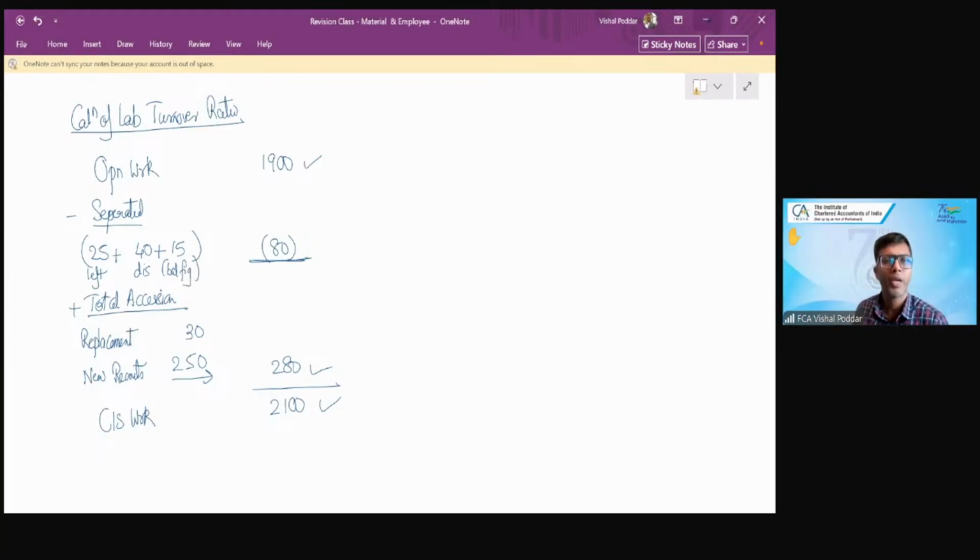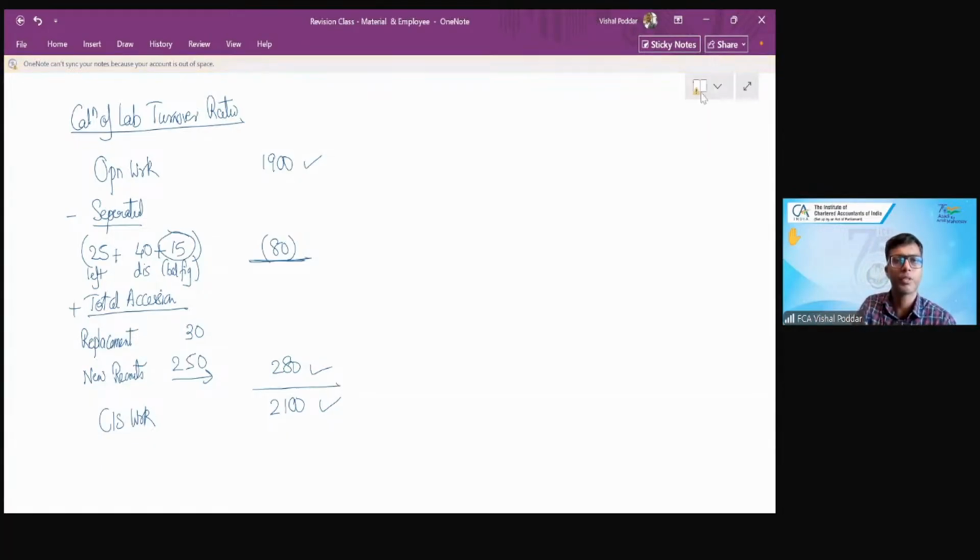They may have passed away, or for some reason they may have left the organization, or they are removed, or they have retired, whatever. So the balancing figure is 15. This is the important thing that you should keep in mind. I hope this is clear.